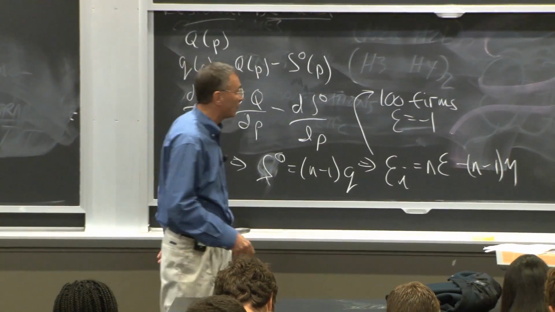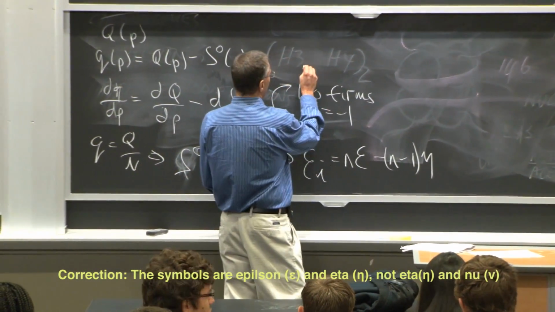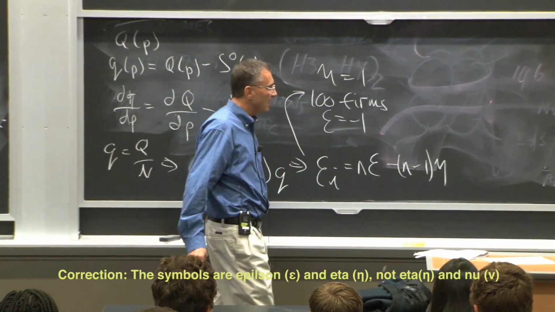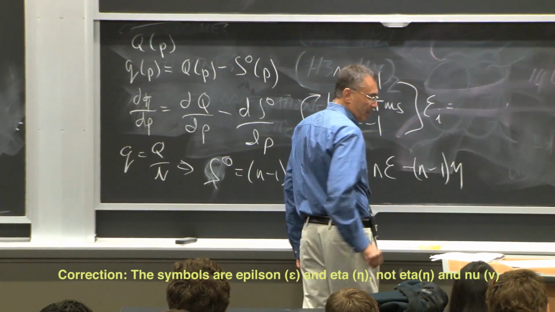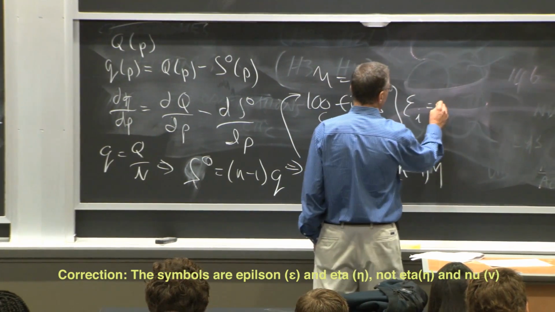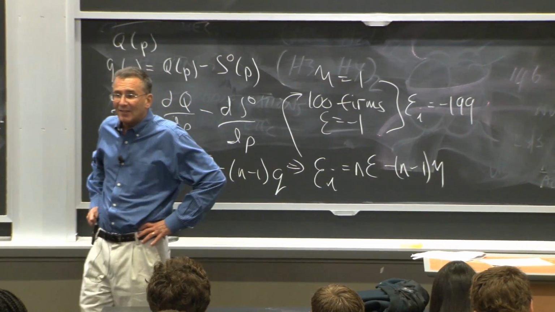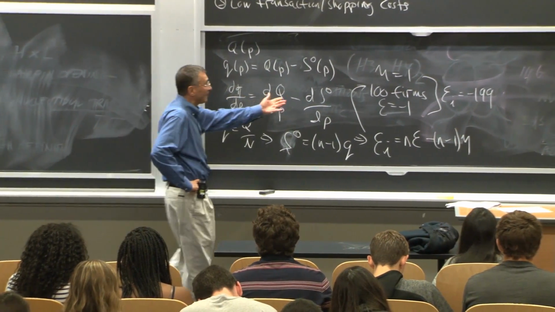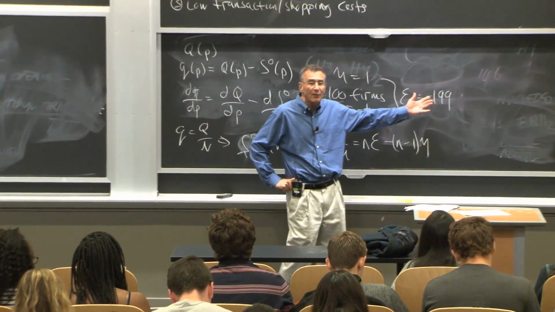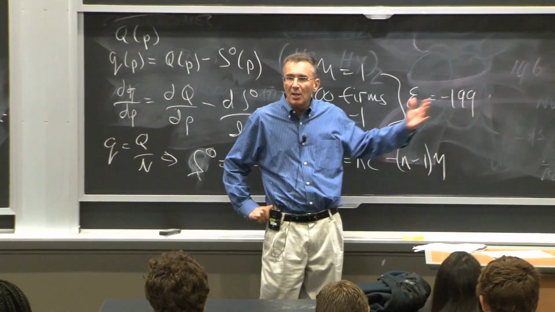And if you have an elasticity of supply, nu, of 1, then the elasticity facing any given firm is negative 199. So even though the market is kind of elastic, but not outrageously elastic, any given firm faces incredibly elastic demand. So that's the point.